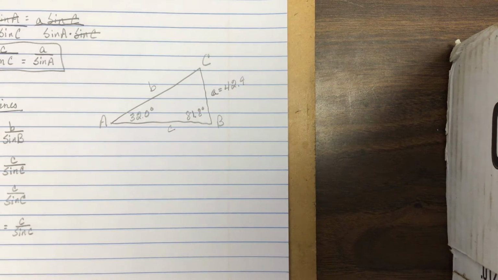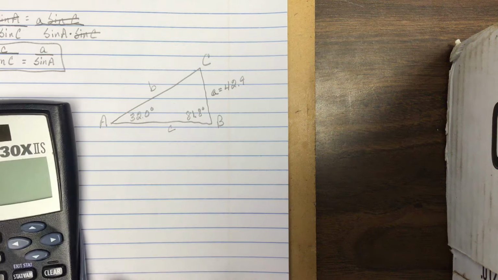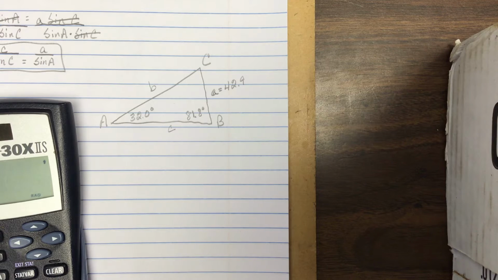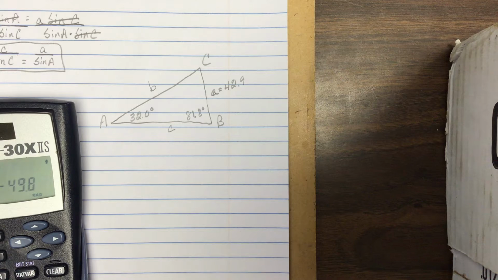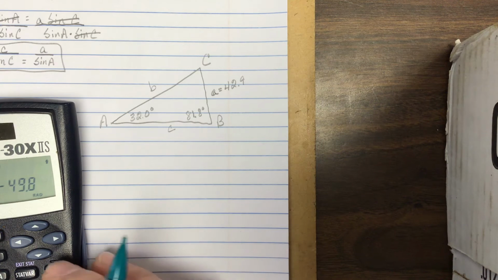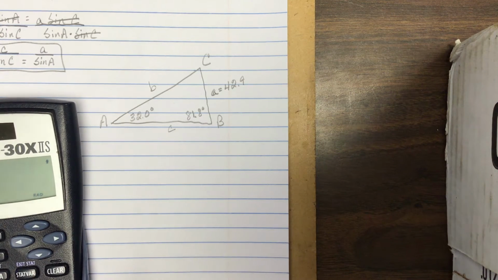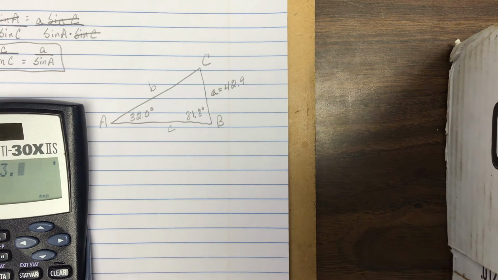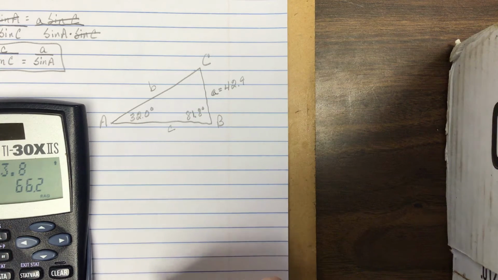And if I wanted to solve this triangle, well, the easiest thing to find is angle C, because I know the angles of a triangle add up to 180. So I can do that really fast here. 32 plus 81.8, and then subtract that from 180. 180 minus 113.8 gives me 66.2 degrees.